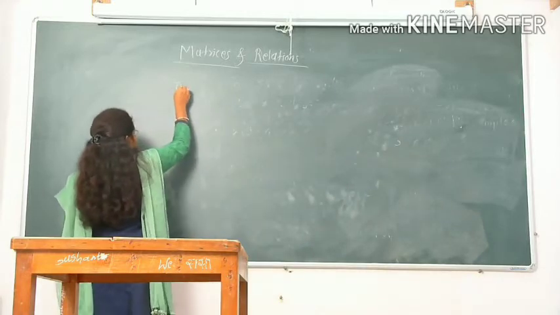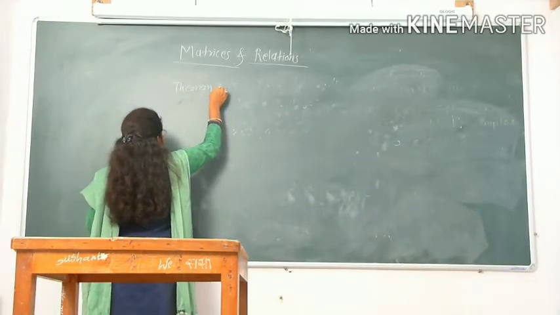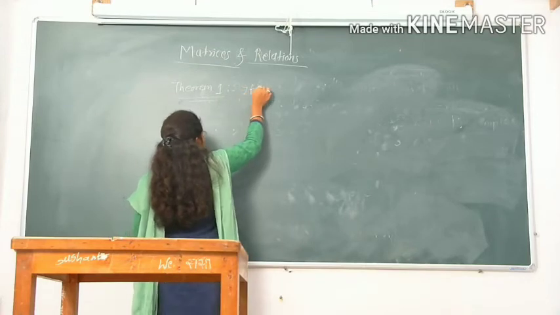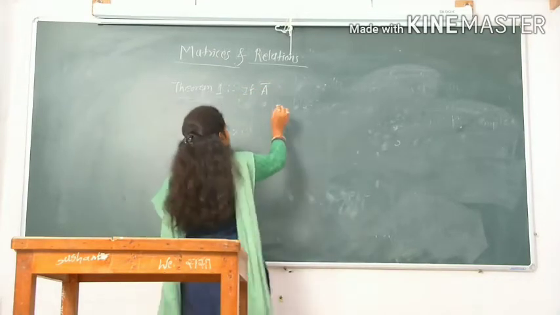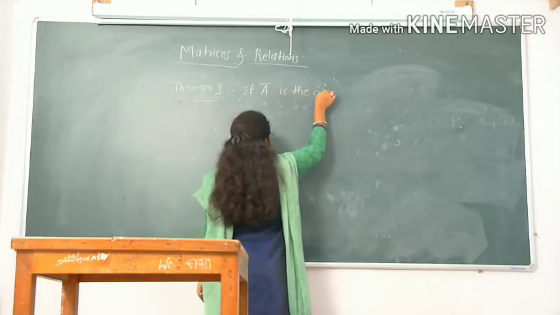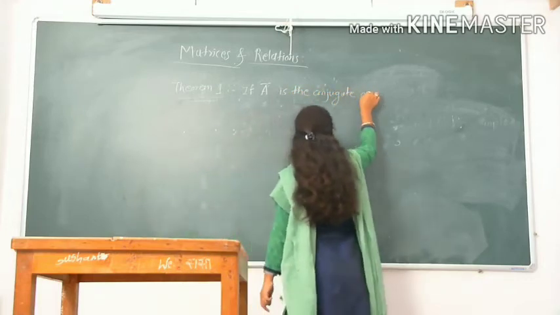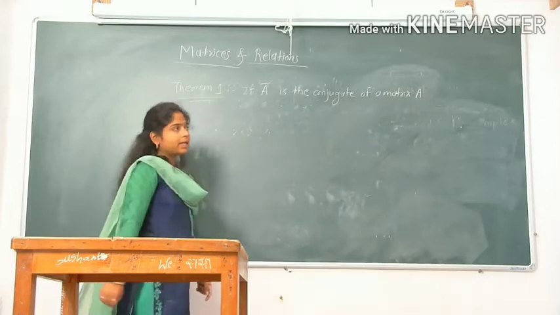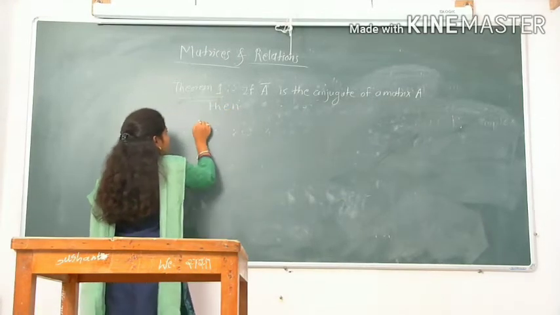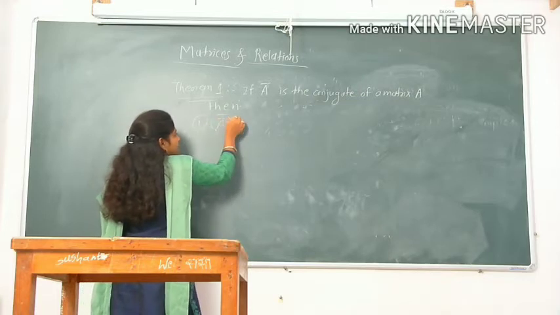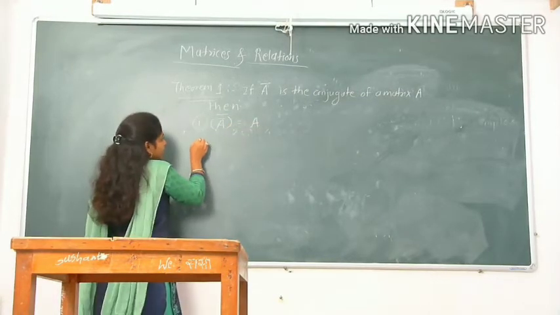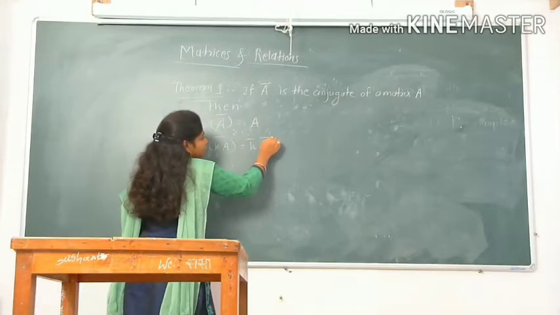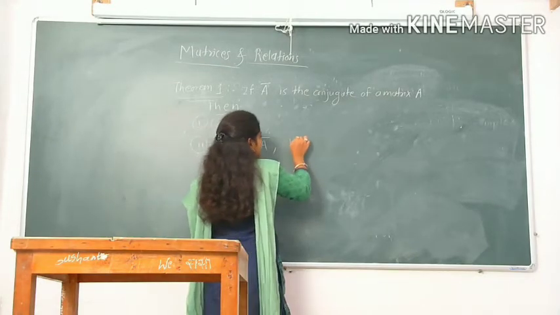Theorem 1. If A bar is the conjugate of a matrix A, then we have first, A bar its bar is the same as A. Second, k into A bar is the same as k bar into A bar, where k is any complex number.